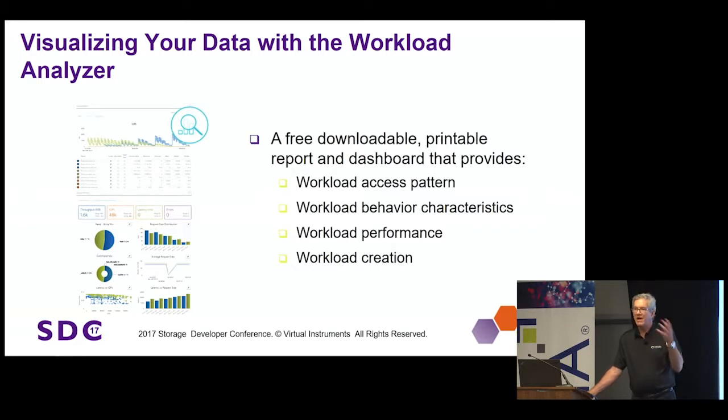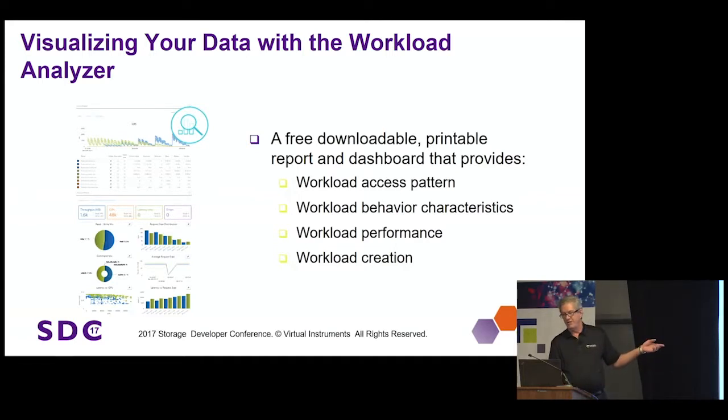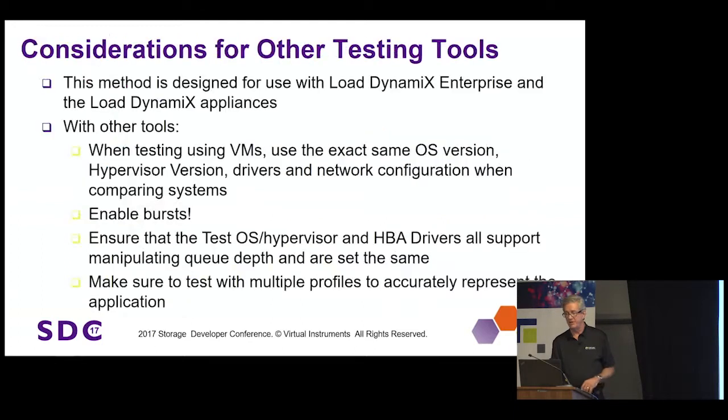But so we can break out the metadata. We can break out the reads, writes, and show what the performance looked like over time. The results of those tests also can be converted and run with our load generation platform. So what I've shown you here was designed for work with our tools, obviously.